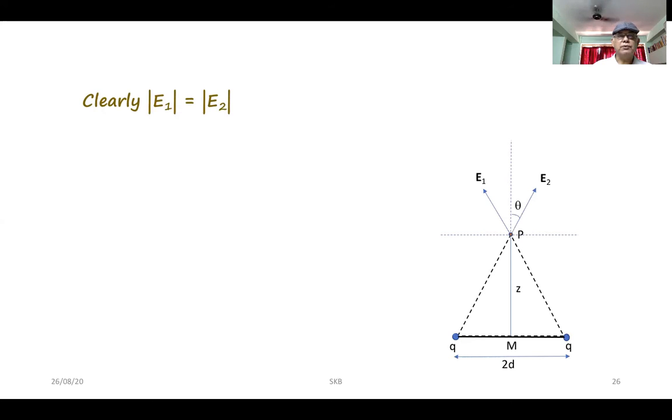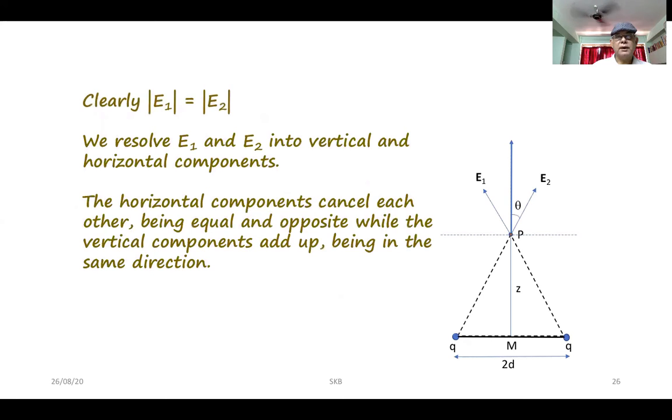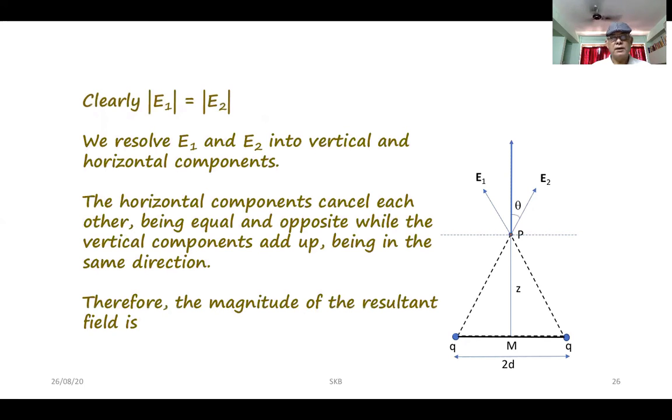Clearly, magnitude E1 is equal to magnitude E2. We resolve E1 and E2 into vertical and horizontal components. The horizontal components cancel each other, being equal and opposite, while the vertical components add up, being in the same direction. Therefore, the magnitude of the resultant field is as given.